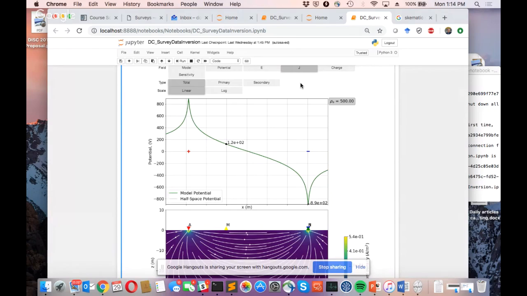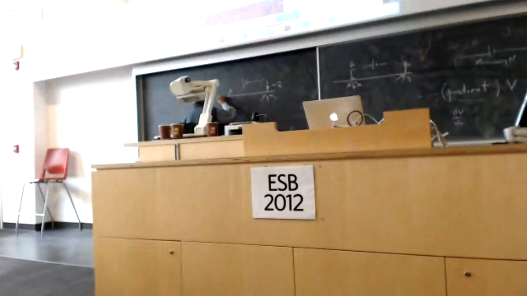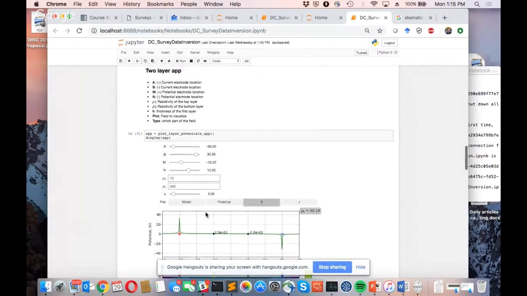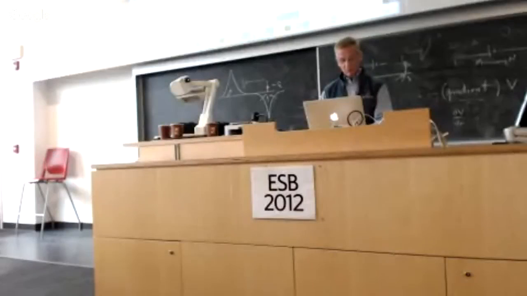So if I now plotted what was going to happen, here's A electrode, here's a positive. What's going to happen in the Earth.